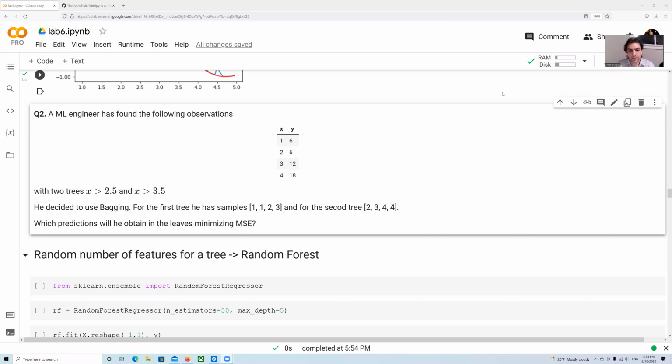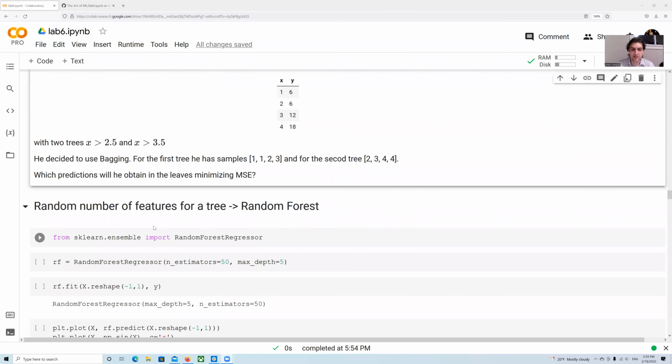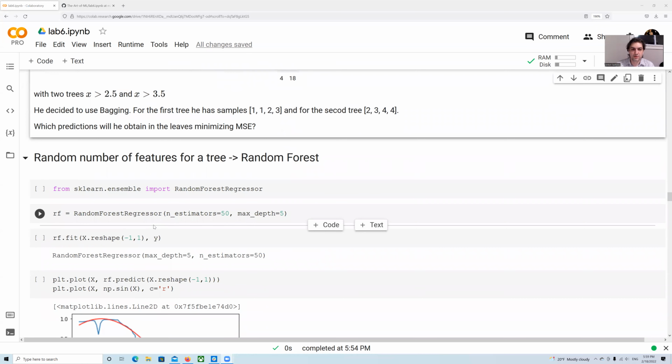And if we use just a subset of features for training of an individual decision tree, sometimes such trees are called extreme trees. And the ensemble or bagging of such trees is called random forest.